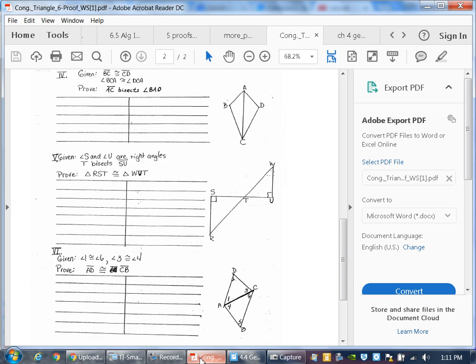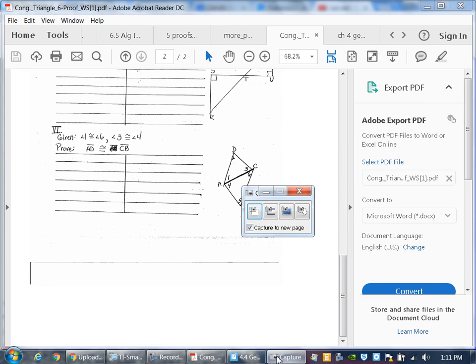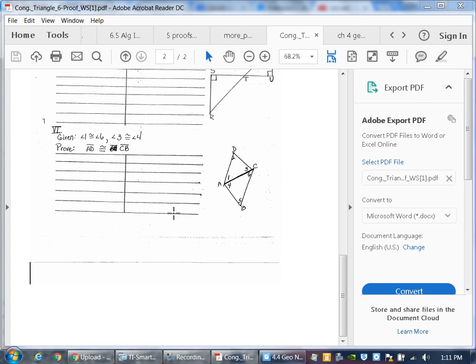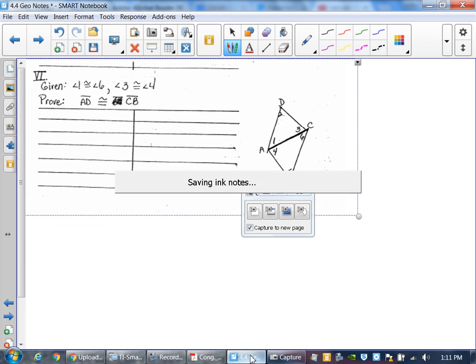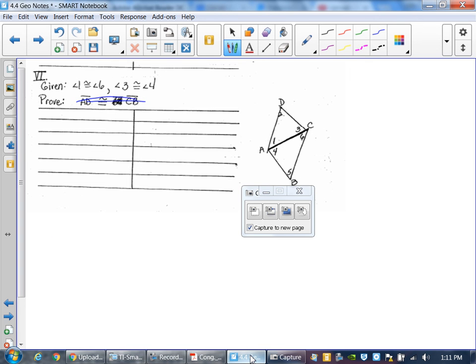And the 6th one, we'll do the same 2 triangles again. Again, one last time, cross out the ADCB and do triangle ABC, triangle ADC.